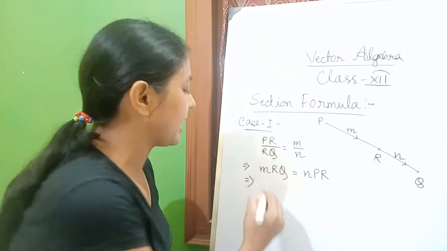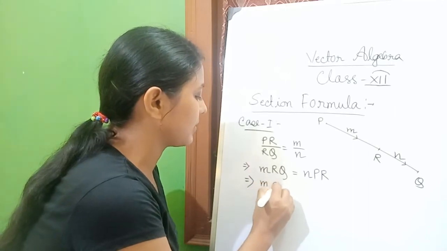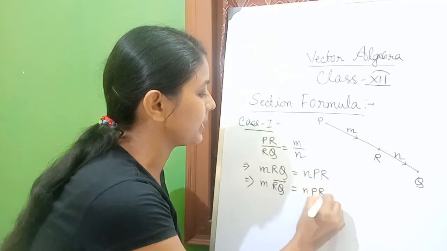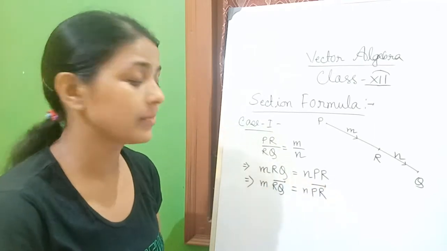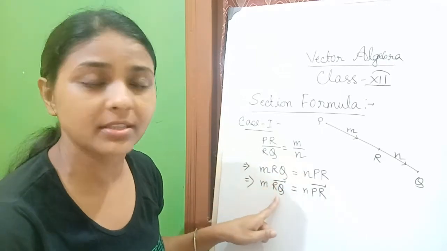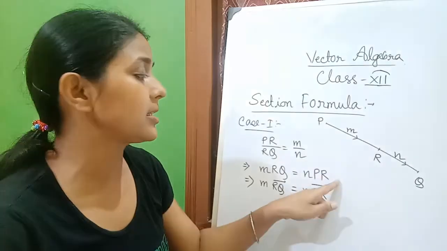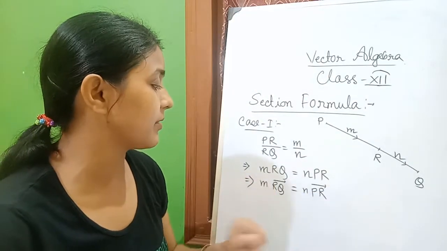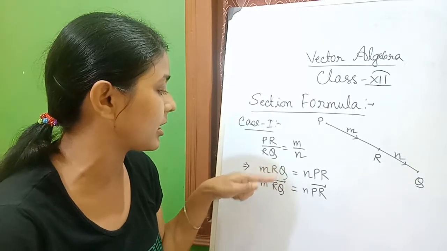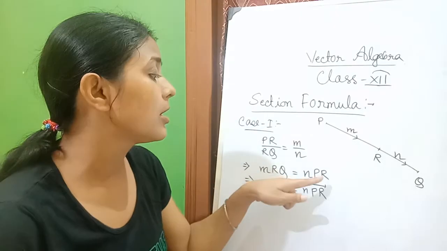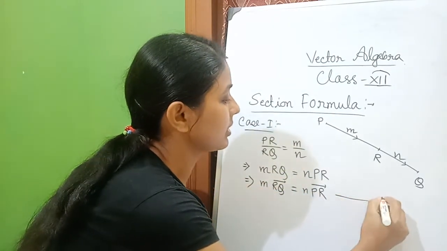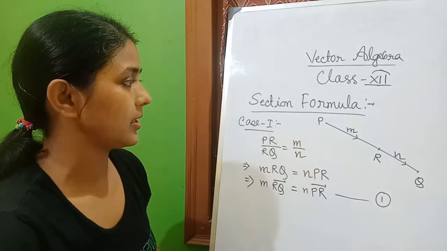That means we get M RQ vector equals N into PR vector. Magnitude into its unit vector gives us the vector, so from RQ we can write the RQ vector, and from PR the PR vector. This one, number 1, I'm writing.